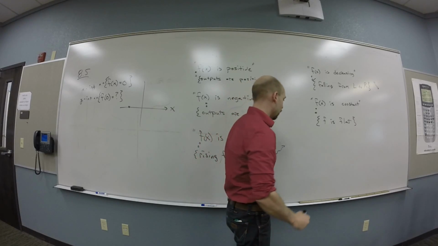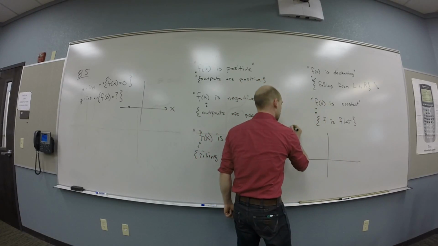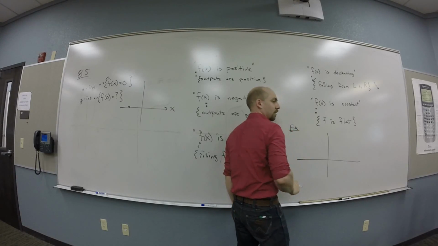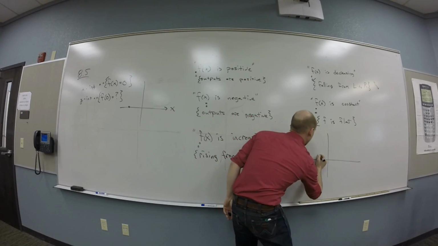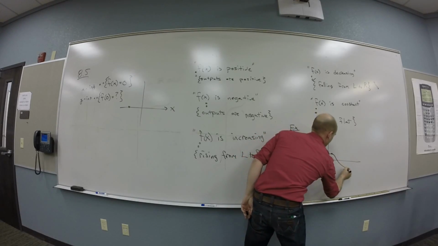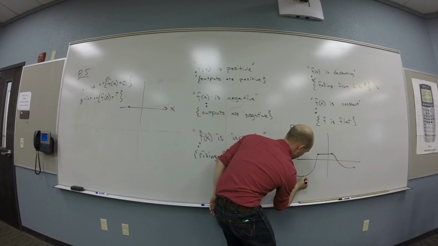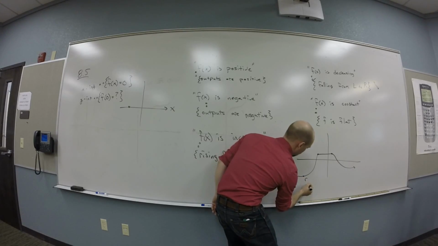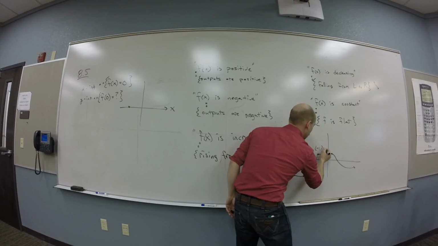Okay, so if I try to put all this together, maybe here's an example. Let's see. So let's call this point negative 1, 1.